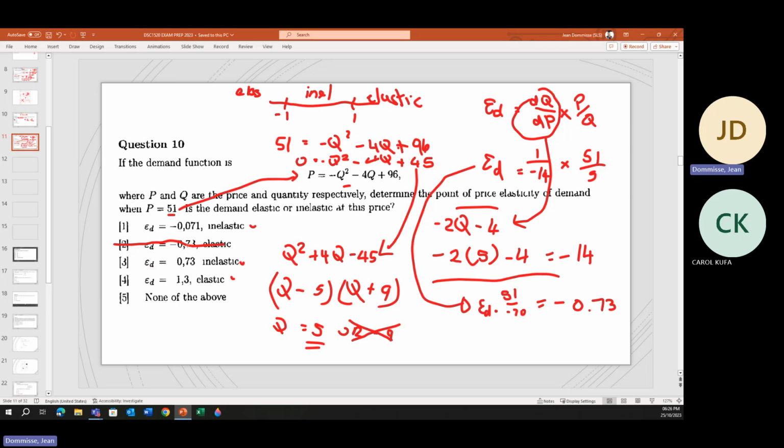Okay, so we have a minus 0.73, but minus 0.73 is inelastic. So I don't know if that is maybe a printing error, else it's none of the above.